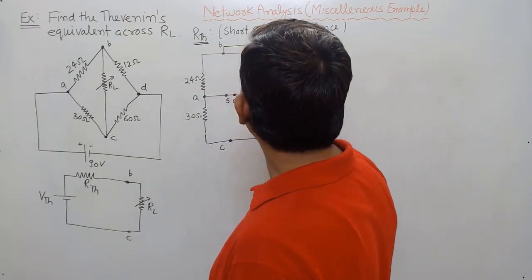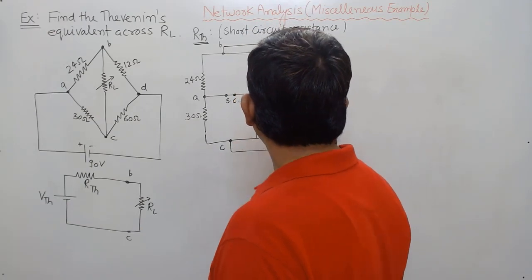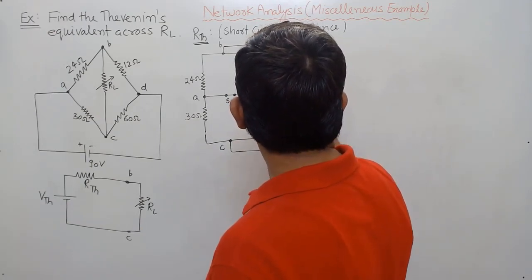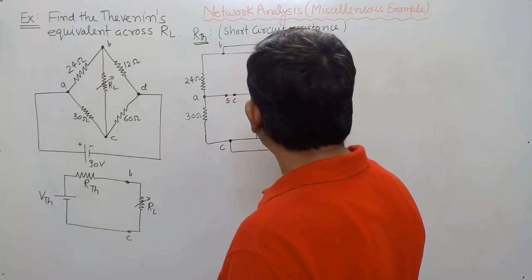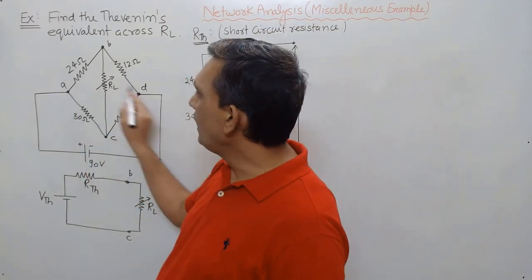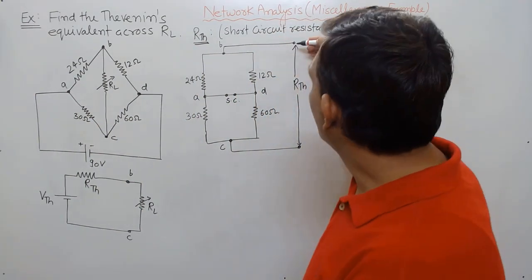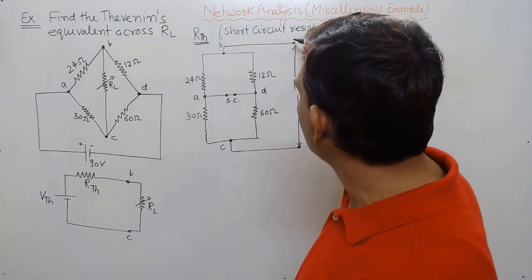And then you have to find what will be this equivalent resistance, RTH. Short the voltage source means A and D are short circuited, and then measure the equivalent resistance across BC.